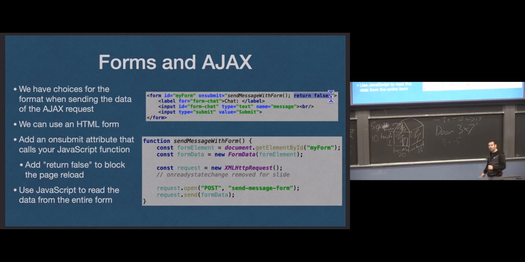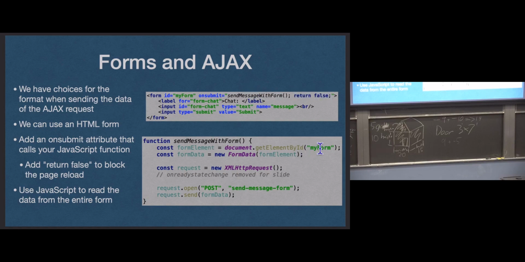So it's going to override the default action of the form, which is to send the request and reload the page with the response. Return false is going to exit that method and not let the form do its default behavior. So we're going to call our code and then shut everything down after that.